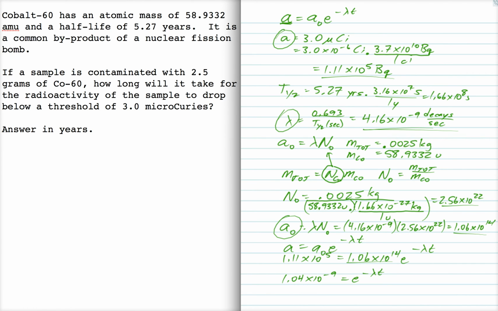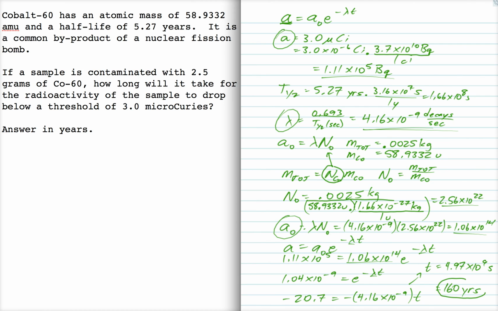Now I take the natural log of both sides, and I get negative 20.7 is equal to minus lambda t. Now I'll go ahead and plug in lambda. That's 4.16 times 10 to the minus 9. I just didn't plug in lambda earlier because I'm too lazy to write it out that many times. Okay? So if I solve for t, I get 4.97 times 10 to the 9th seconds, which is 160 years.